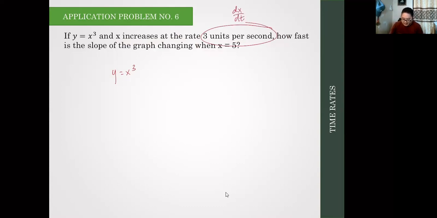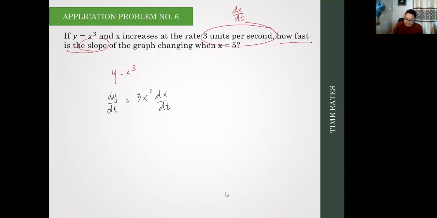Okay? And hinahanap is how fast is the slope. Ang slope is laging in terms ni y, no? Na variable. So kapag dinerive natin to, this will be dy over dt is equals to 3x squared dx over dt. Okay?